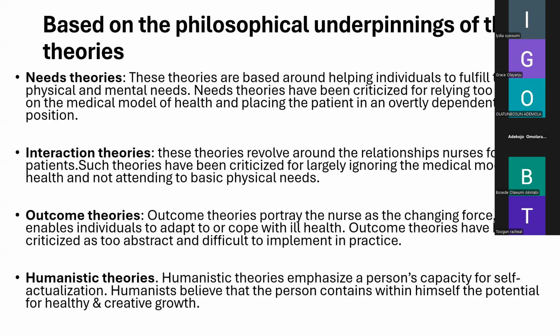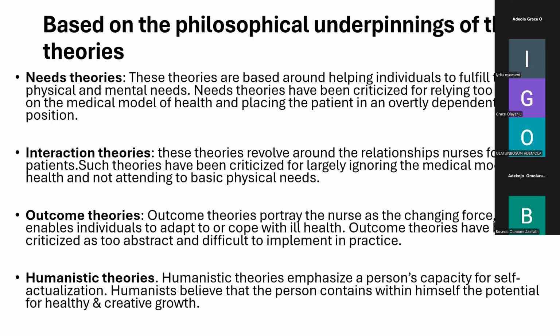Now, King's goal attainment is considered both interaction and outcome. King talks about how the patient comes with his own action, his own perception, goals, and issues, and the nurse is also coming, but then the two of them will be at the same wavelength for there to be an action, a reaction, interaction, and then achievement of goals. So it also deals with interaction.